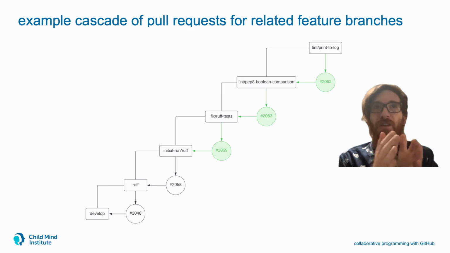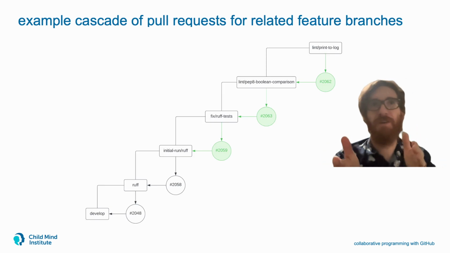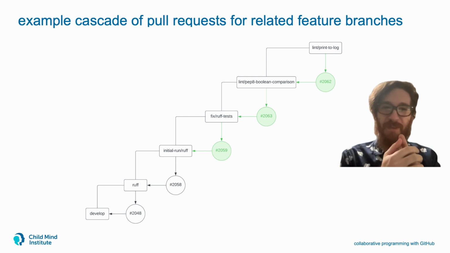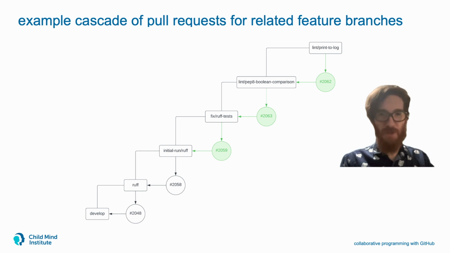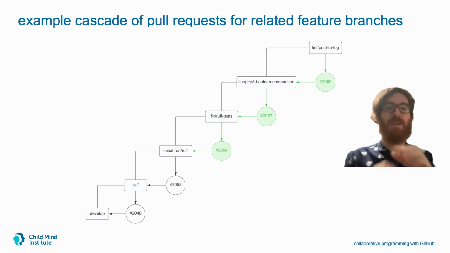If you've got multiple branches that you're working on that are related, you might have one pull request going into one branch, and then that branch has a pull request going into another branch, and so on in a cascade.